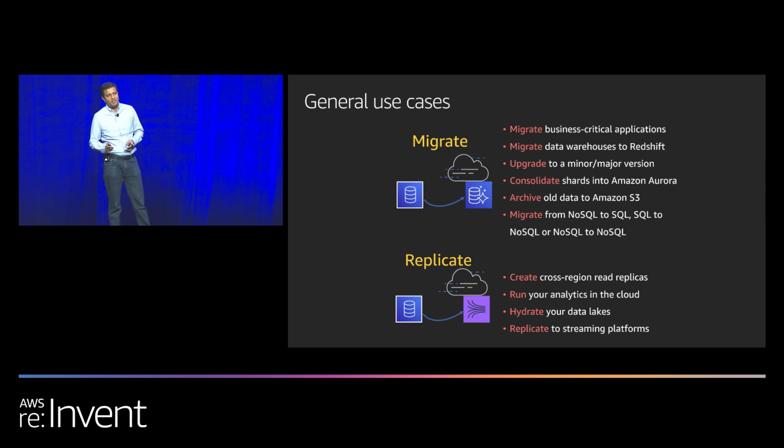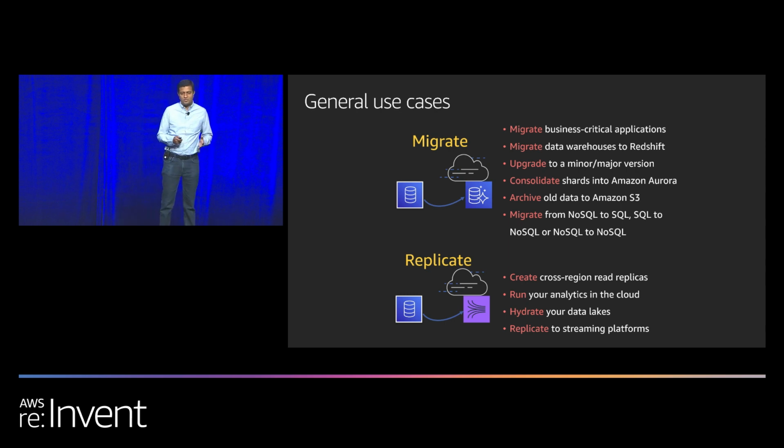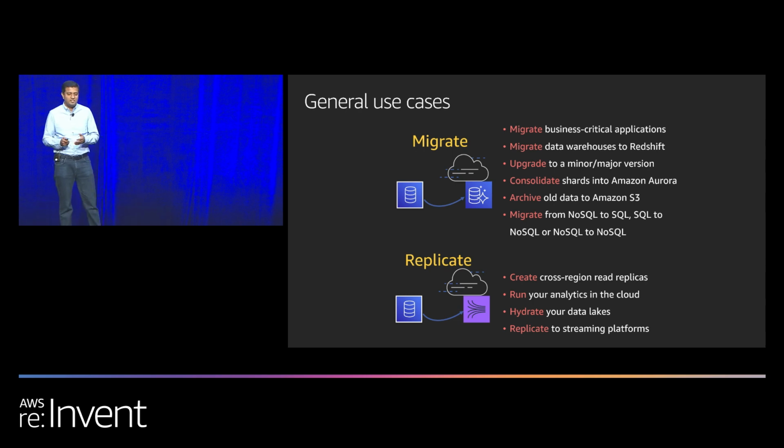With DMS, you can archive your old data files on Amazon S3, and once they are available on S3, you can use them for analytics with Redshift Spectrum and Amazon Athena. This way, as we discussed with the list of supported sources and targets, you can use DMS to migrate across SQL based and NoSQL based source and target combinations.